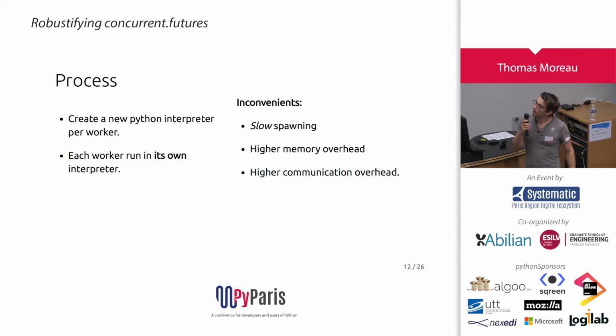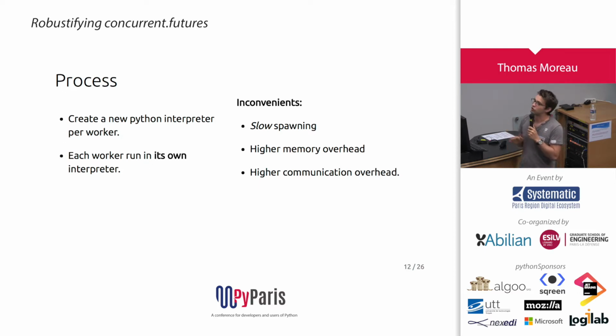Processes are workers that are created by launching a new Python interpreter. It means that each worker will run in its own interpreter. It has some inconveniences, which are the inverse of what we said for threads. It's slow to spawn because you need to start a new interpreter.